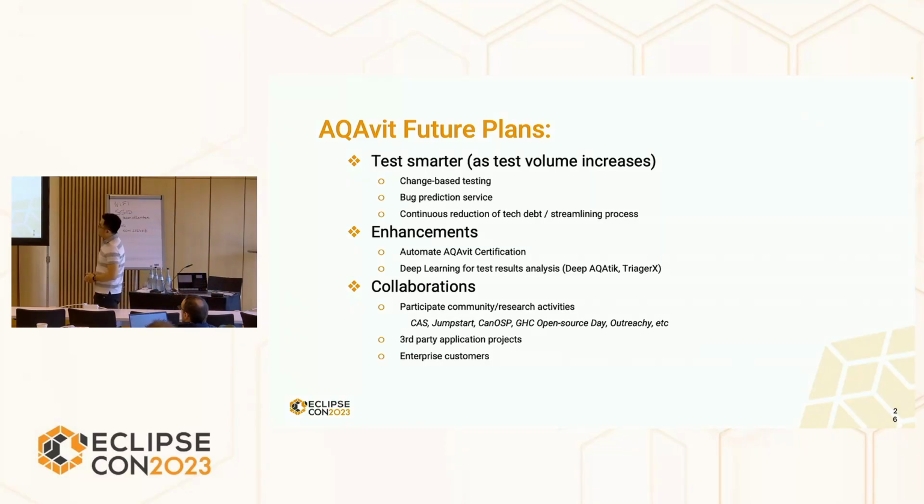So we also have some future plans to test smarter. First is the change-based testing. So what is the change-based testing? As I mentioned, when we integrate with GitHub Actions and we have a pull request, the committer can run, for example, sanity functional to test.